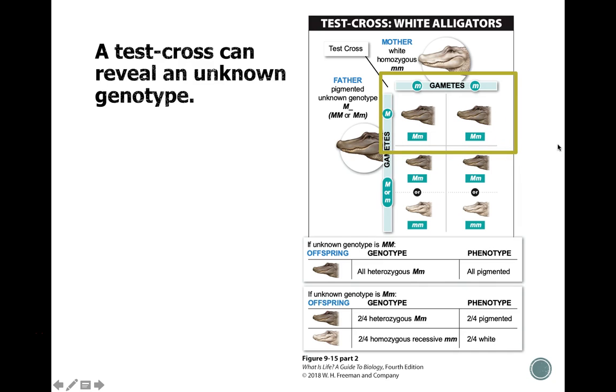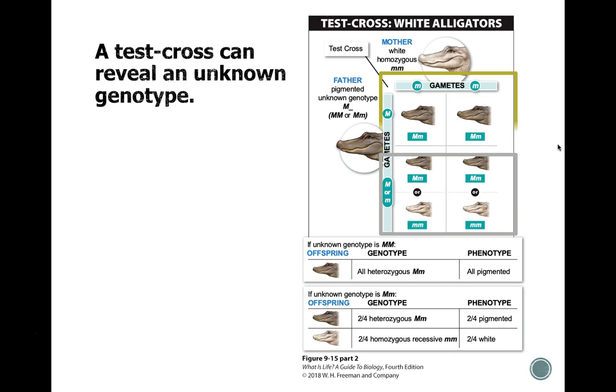But the key here is that now you know, or have a really good idea of, what that generation's genotype probably is. Now let's assume that you have enough individuals in the clutch to rule out chance events that you haven't gotten any white individuals.